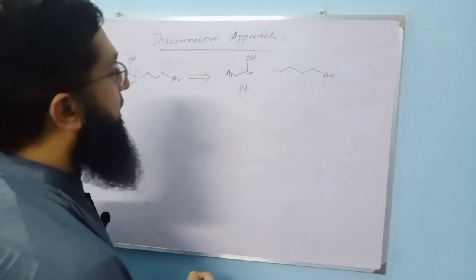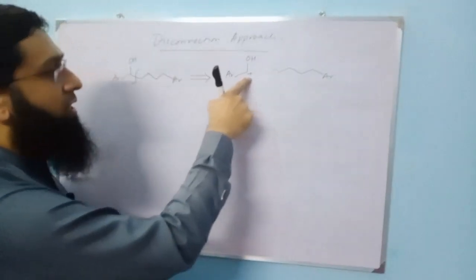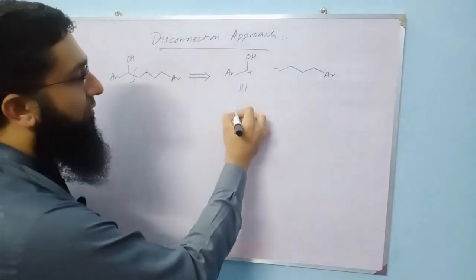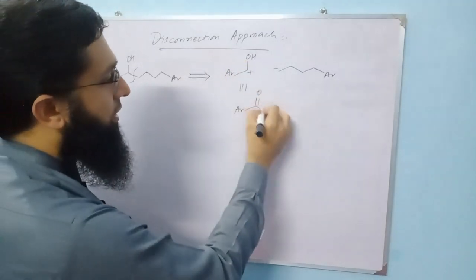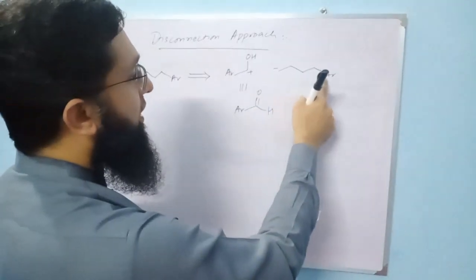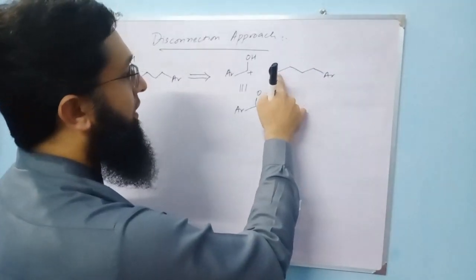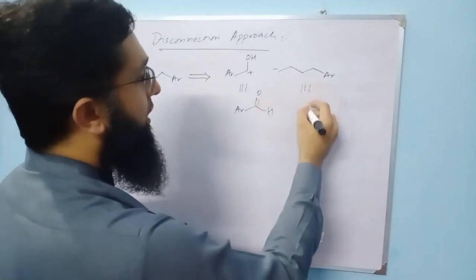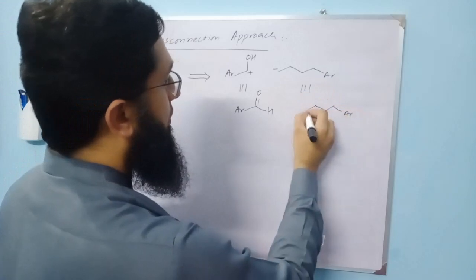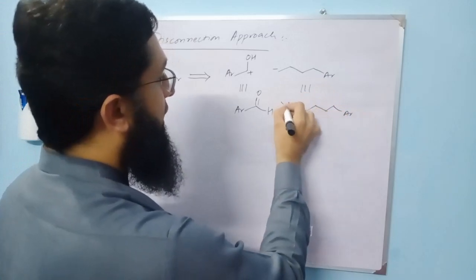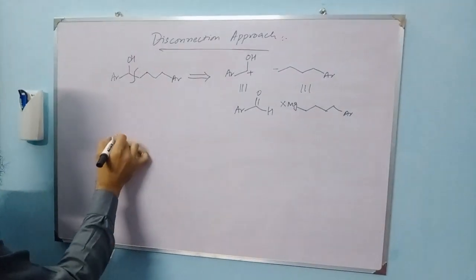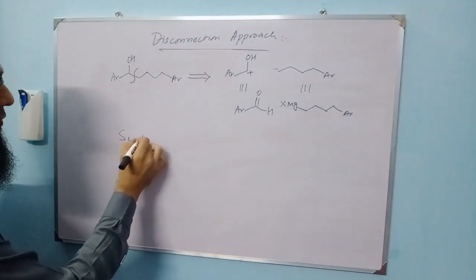For this, when we have a positive charge on a carbon attached to a hydroxyl group, we will use the corresponding aldehyde. And when we have a negative charge on carbon, we use the corresponding Grignard reagent. Now we propose the synthesis of the molecule.